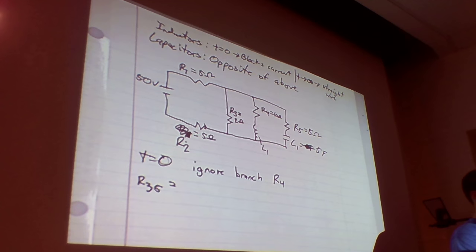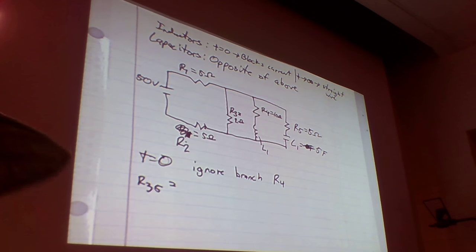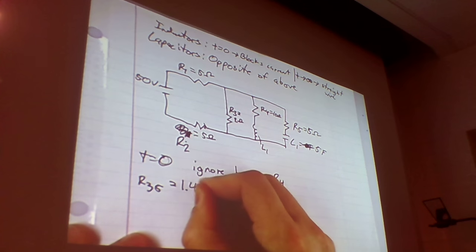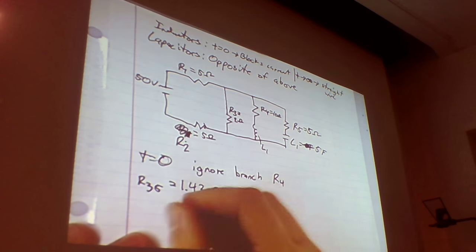Something like 1.43 it looks like. Did everybody get that? I have terrible handwriting. We've discussed this. So what did you get for R3,5? 1.43, something like that? Good enough for me. 1.43 ohms.